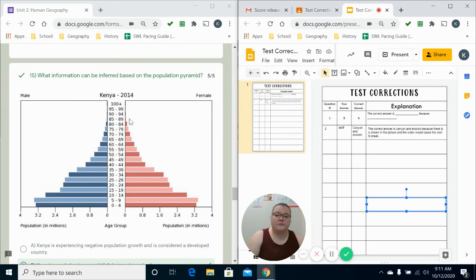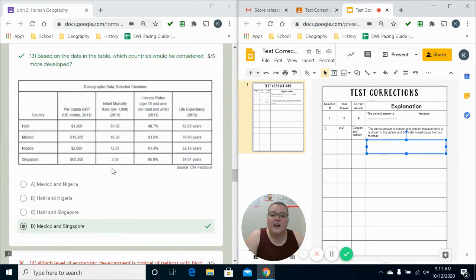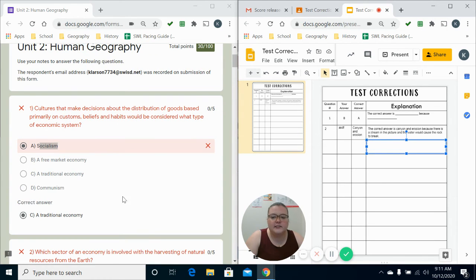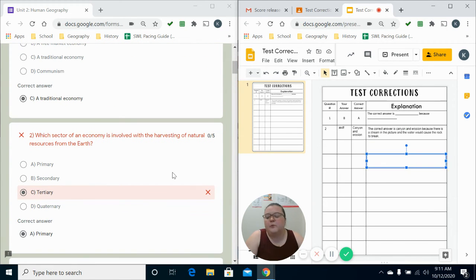Do this for as little or as many questions as you like. Say you got a 65 and you really wish you were passing. Do 2 questions and you'll be at a 71. Yeah, math is hard. You'll be at a 71, and I'll put a 71 in as your score.